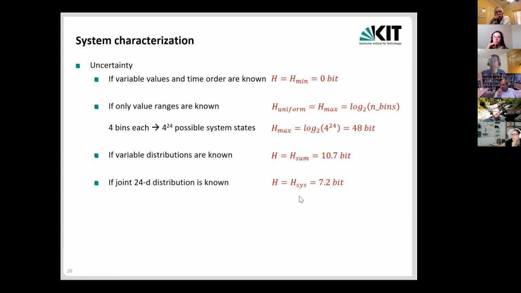Yeah, I have one. I'm not sure exactly what these sparse matrix operations are, but in general, if the end result is purely bin counting, then typically there's a problem with the sparseness of the data points in this 24-dimensional space. So I think this 7.2 bit might be very much underestimating the true information content.